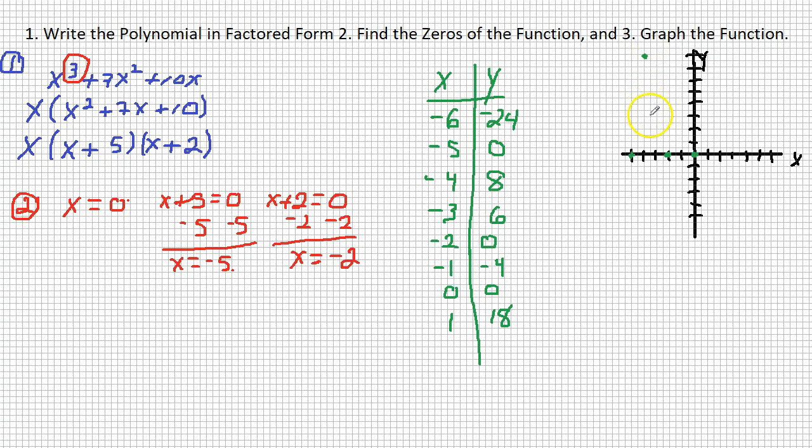Okay, at -3, we are down at 6, so 7, 6. Right about here. Okay, and we know at -2, we're at 0. At -1, we are down to -4. So right about there.